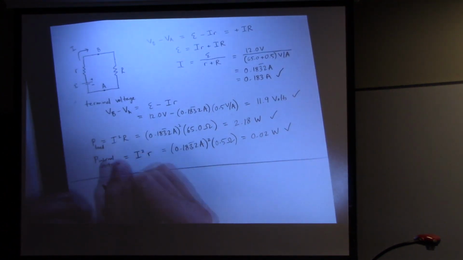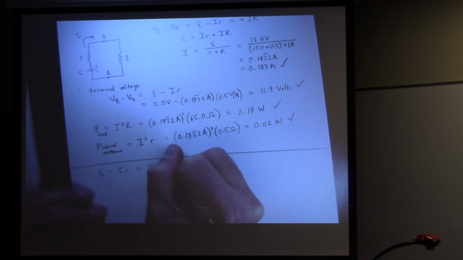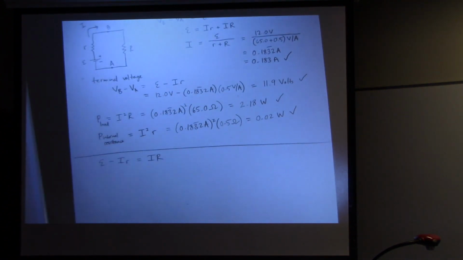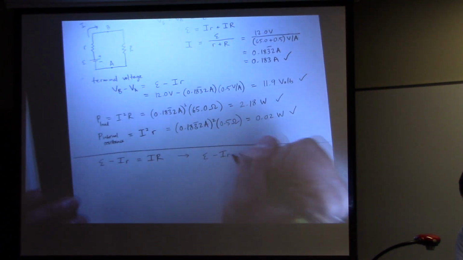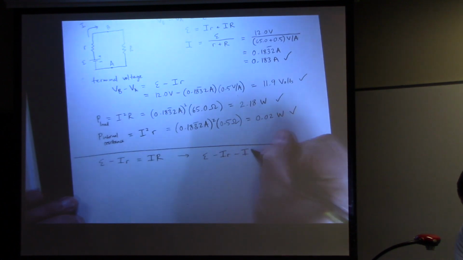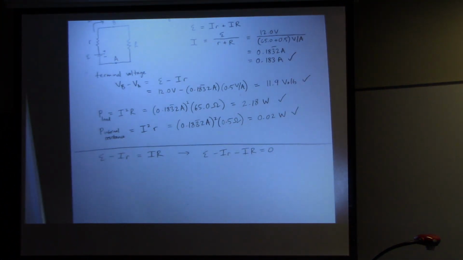From the previous example, we have epsilon minus I times little r equals I times big R. And I'm just going to rearrange that to say epsilon minus I times little r minus I times big R equals 0. So just subtract this term from both sides to get this.